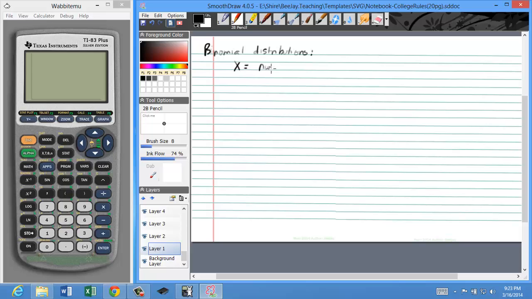X is the number of successes from n trials when the probability of success is p. Now we assume that n and p are known, and we also assume that the trials are independent.